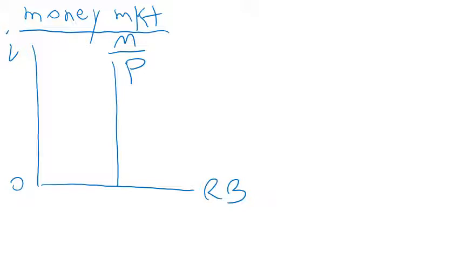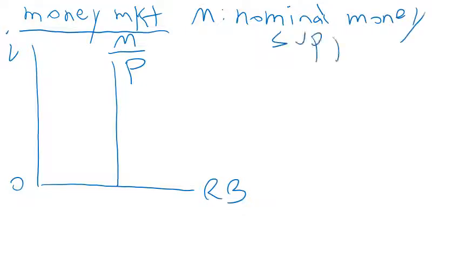It's still the money supply, but it's a little bit more refined in the sense that M is the nominal money supply.